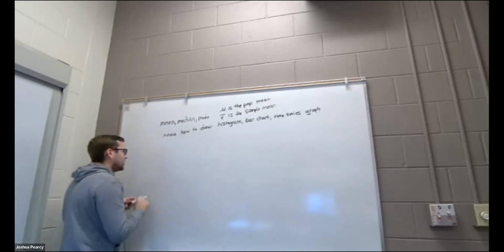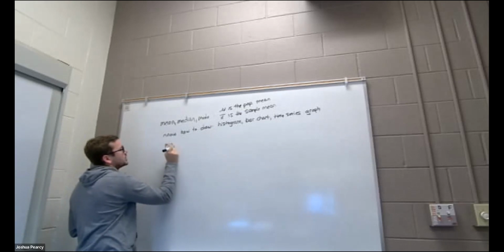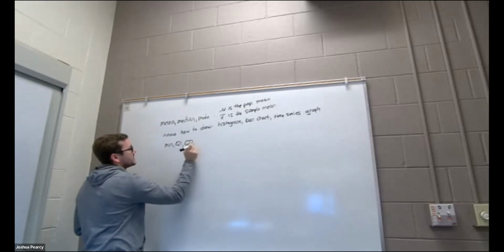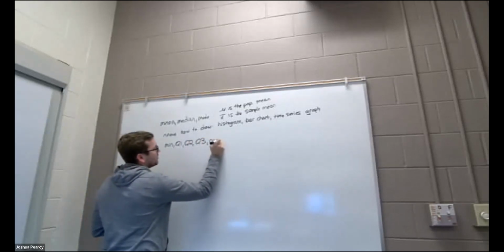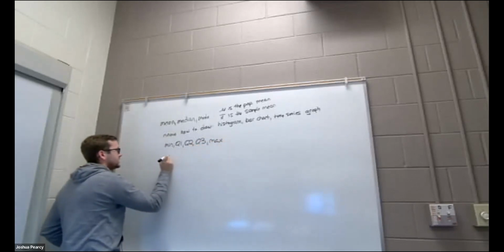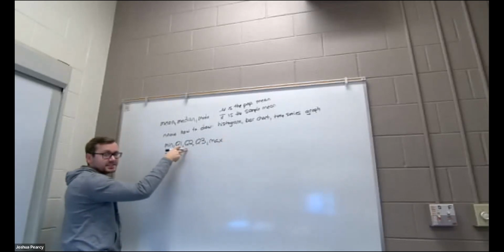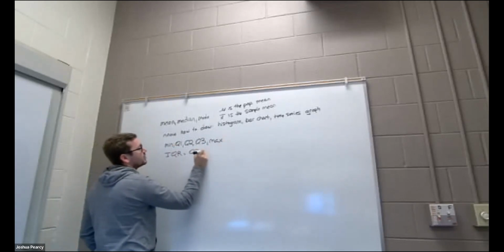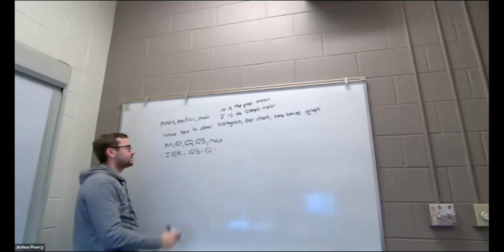So you have the min, Q1, Q2, which is also the median, Q3, and the max. From these numbers, you can find the IQR by Q3 minus Q1. That'll tell you the IQR.